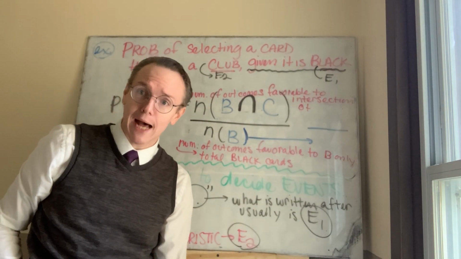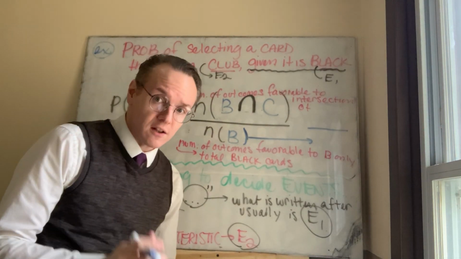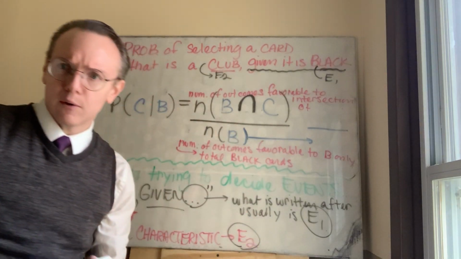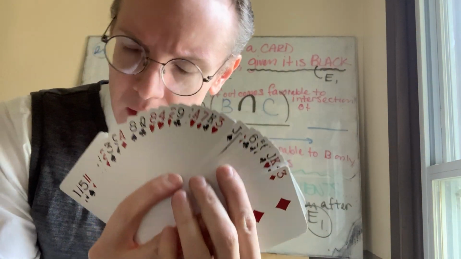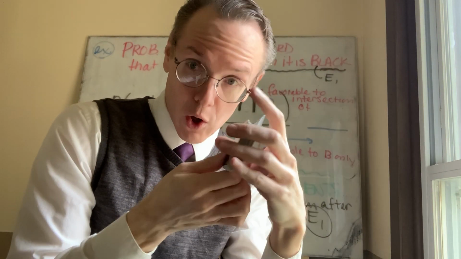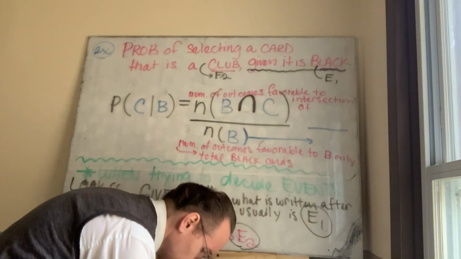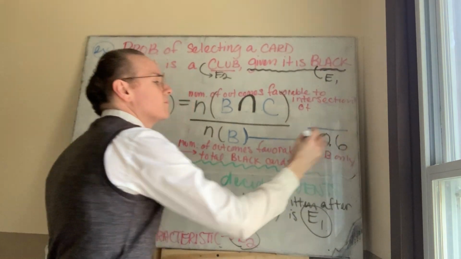How many cards are black? Just the number. It would account for half of the deck. So if the whole deck is 52, it's half of 52. 26.